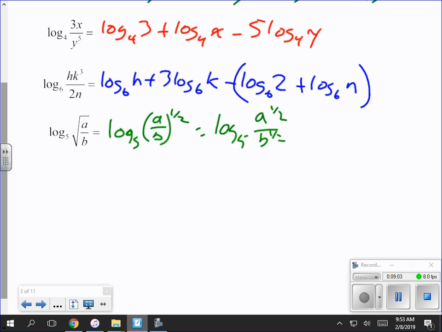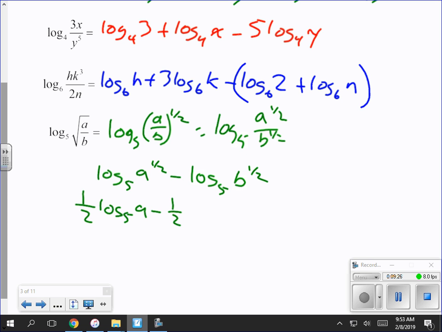Which gives me log base 5 of a to the 1/2 minus log base 5 of b to the 1/2. And then bring the power down out in front. 1/2 log base 5 of a minus 1/2 log base 5 of b.